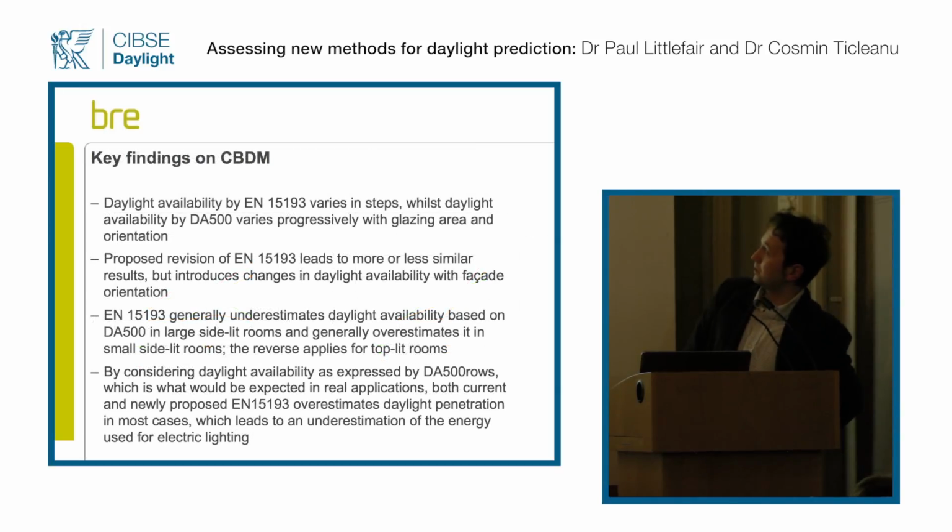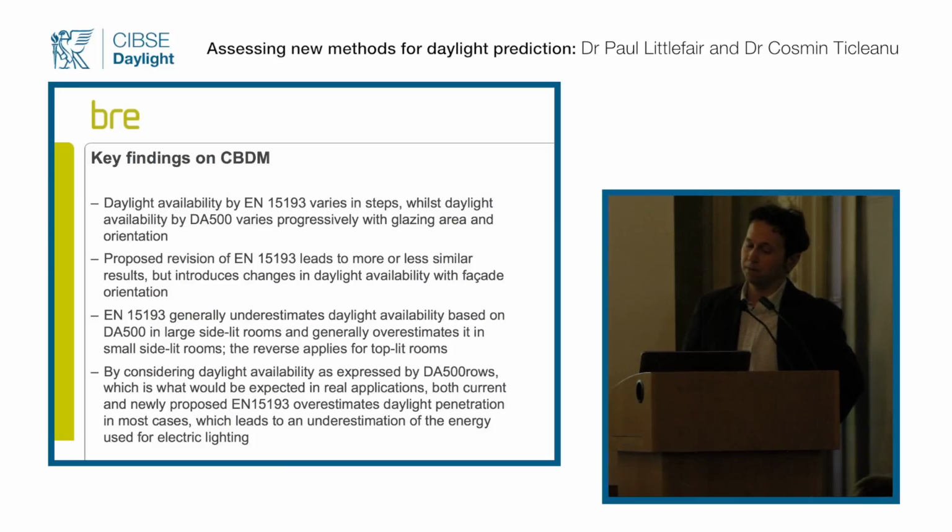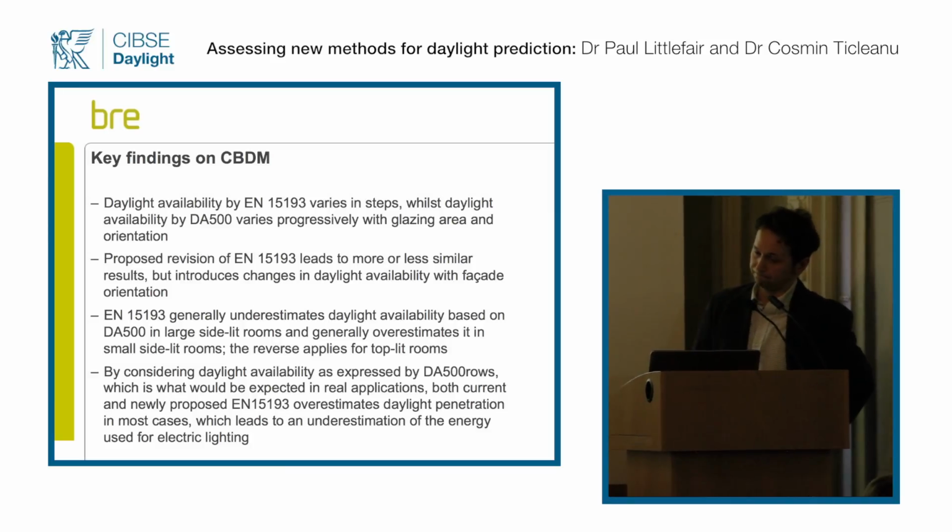Right, so this slide summarizes these findings on climate-based daylight modeling for our example rooms. In short, it can be said that daylight availability using the European standard varies in steps, whereas daylight availability predicted by using the daylight autonomy method varies progressively with glazing area and orientation.